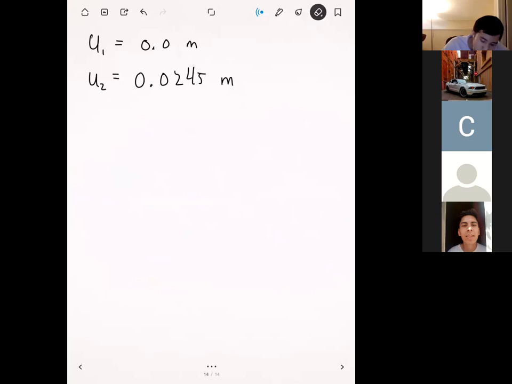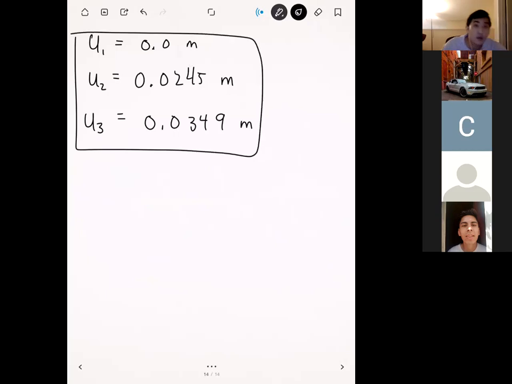And so that's going to displace about 2.5 centimeters. And then u3 here is going to be 0.0349 meters. It's about 3.5 centimeters on the far side. Okay. All right. And so if we want to plot this as a function of x, right?